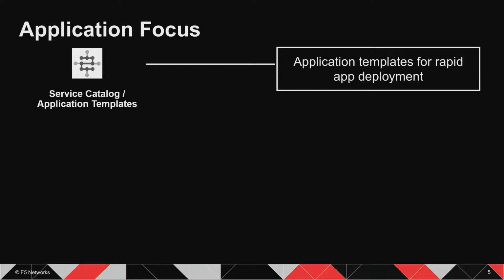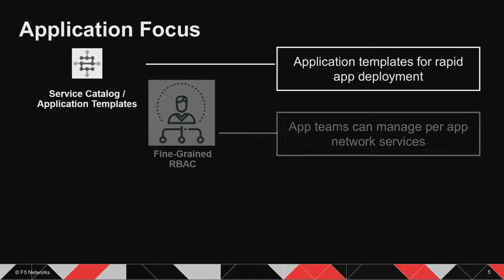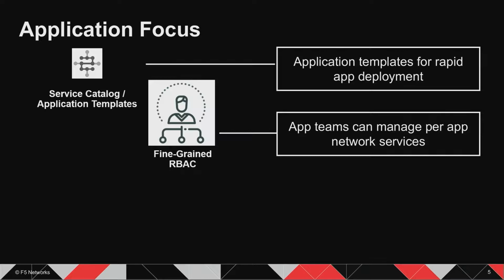We've introduced this concept of service catalog and application templates, essentially allowing you as the F5 admin to create a catalog of services that your application owners can deploy from. There are lots of benefits of using those templates in BIG-IQ, and we'll talk about some of those as we go. One benefit is application teams can manage their own app deployments.